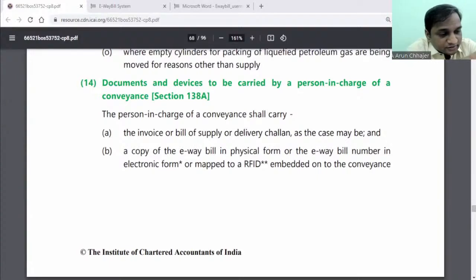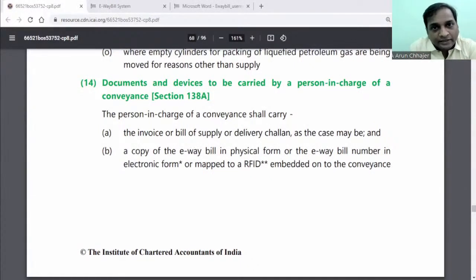Weighbridge exemptions again. The exemption is when I am sending the goods only for the weighment to the weighbridge. When the supplier consignor is sends the goods to the weighbridge and the goods are coming back after the weighment, there are two requirements: distance within 20 kilometers, and second, supported by the delivery challan.